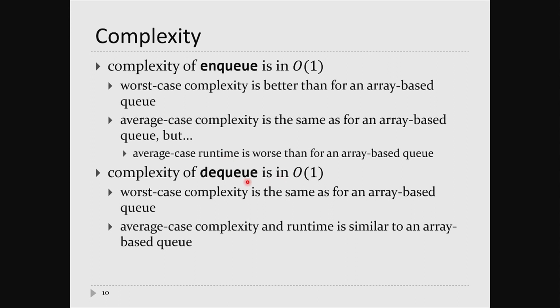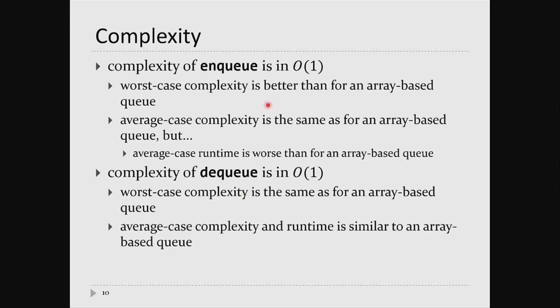And for dequeue, we don't benefit or pay a penalty at all for a node-based queue. Worst case complexity is the same as for an array-based queue. Average case complexity and runtime is similar to an array-based queue.